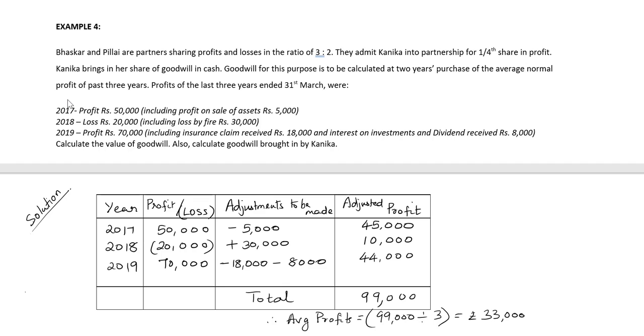The formulae for goodwill. Goodwill is equal to average profits multiplied by number of years purchase.